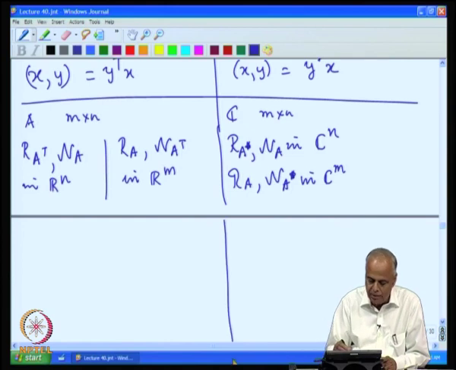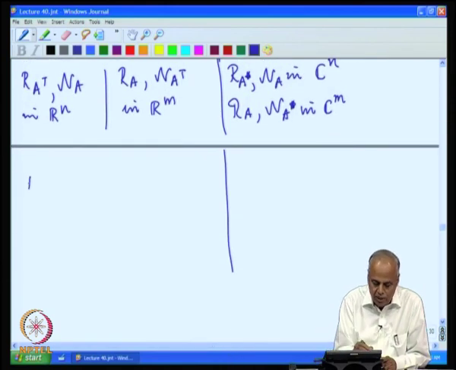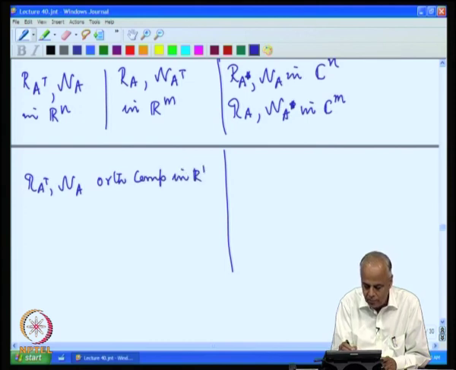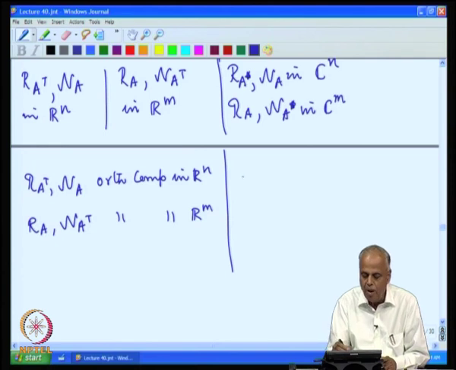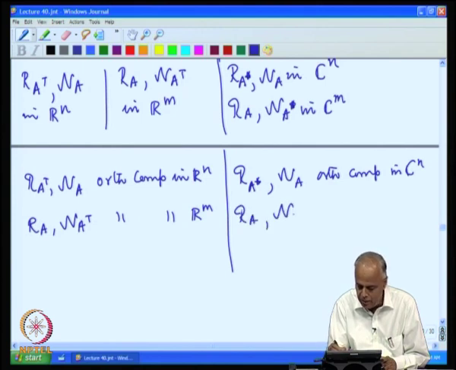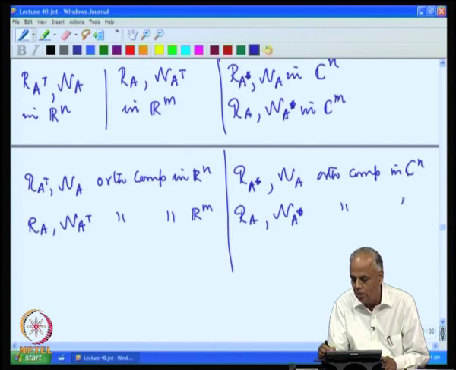In the real case, we found that the range of A transpose and null space of A are orthogonal complements in R n, and range of A and null space of A transpose are orthogonal complements in R m. In the complex case, the range of A star and the null space of A will be orthogonal complements in C n, and the range of A and the null space of A star will be orthogonal complements in C m.